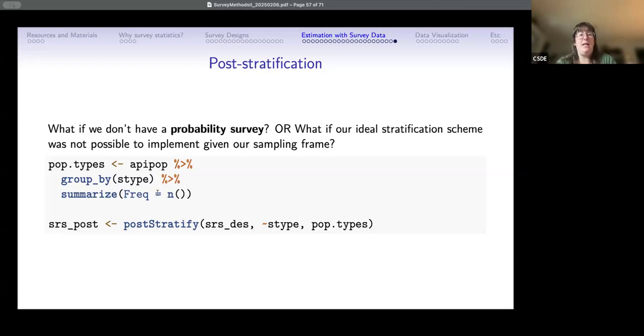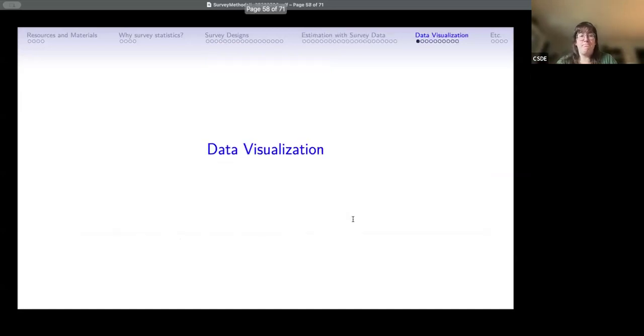So here I'm getting the total number of school types in the population, and then I'm post-stratifying my simple random sample on school type. Remember, I didn't stratify by school, and I'm doing that by passing the real distribution to that.